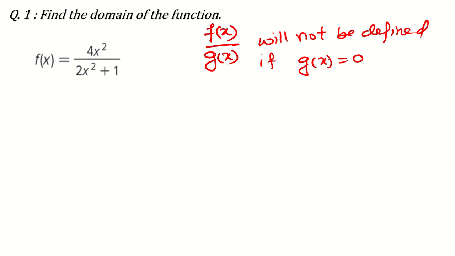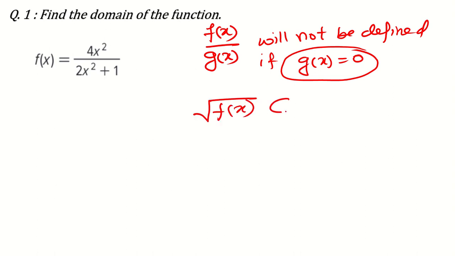So if the denominator becomes 0 for any value of x in the given function, then those values will not be part of the domain. Similarly, for a function of the type square root of f(x), it will not be a real function if f(x) is negative.